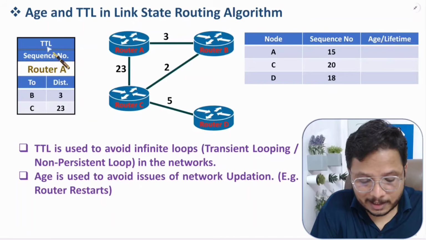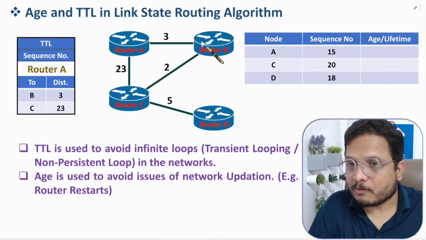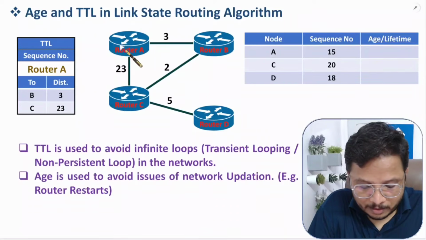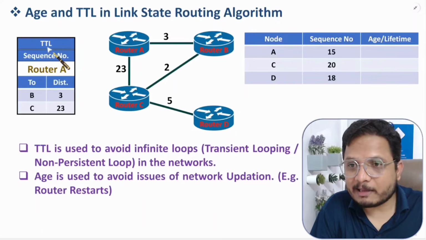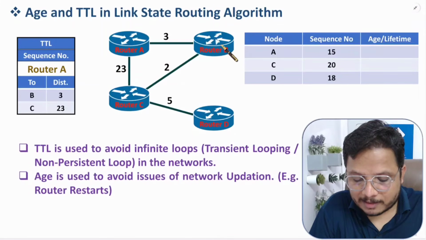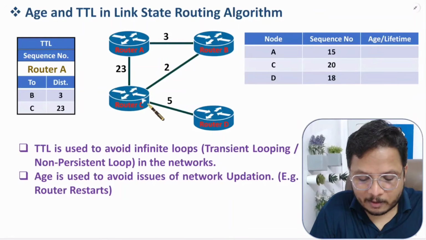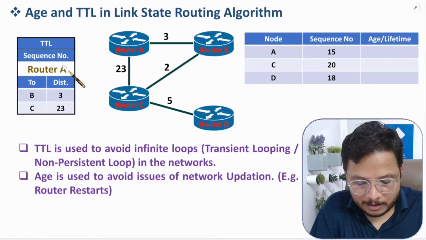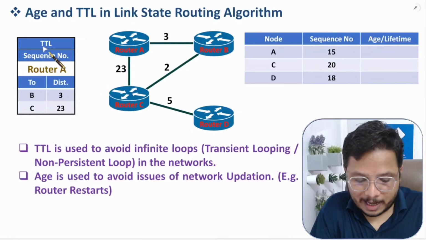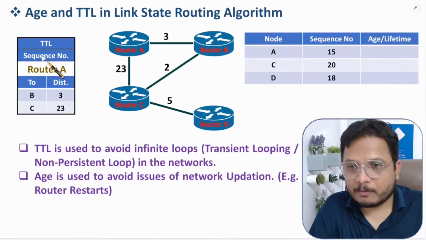Why? The reason is the TTL field will get decremented after every hop. When this packet is routed from A to B, it will decrement TTL by 1. When B is routing it to C, it will decrement it by 1. Again C is routing it to A, again it will get decremented by 1. So after some time TTL will become 0, and when it becomes 0, the router will simply drop that packet.